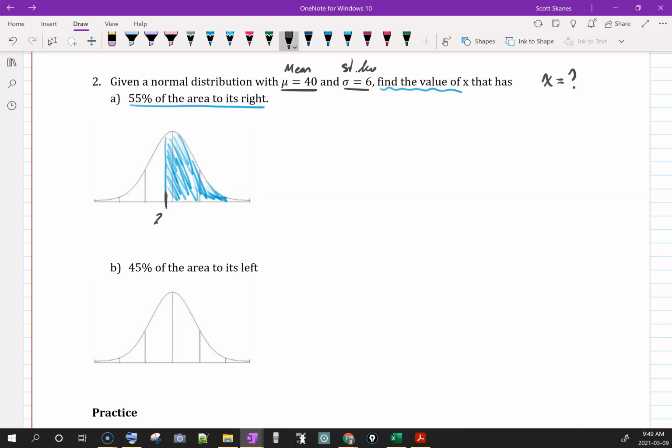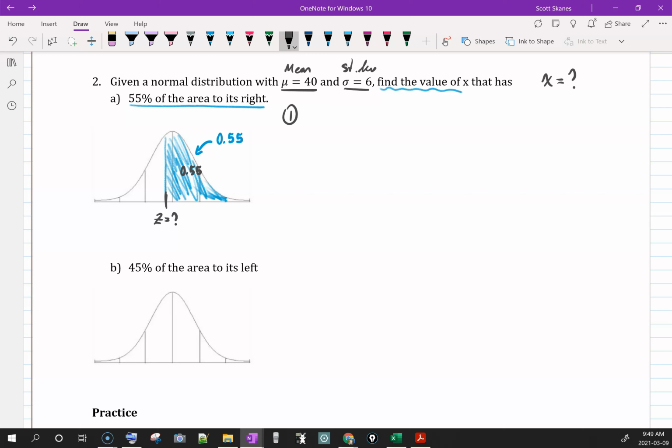At this point, we don't know what the Z value is, but we do know that this is 55%, or in other words, 0.55. We know the probability, we know the area. The area is 0.55. So if we can get the z-score, we can then get the x value because we have the mean and the standard deviation and we have a formula for finding x values. We knew it in Unit 2.